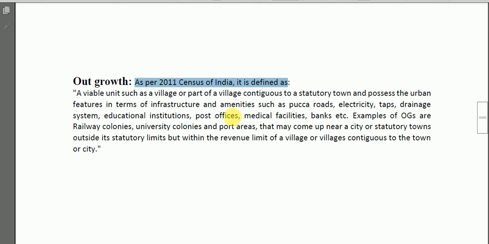An outgrowth is defined as a viable unit such as a village or a part of a village contiguous to a statutory town, which possesses the urban features in terms of infrastructure and amenities such as pucca road, that is metal road, electricity, taps, drainage system, educational institution, post offices, medical facilities, banks, etc. So this is the definition of an urban outgrowth.